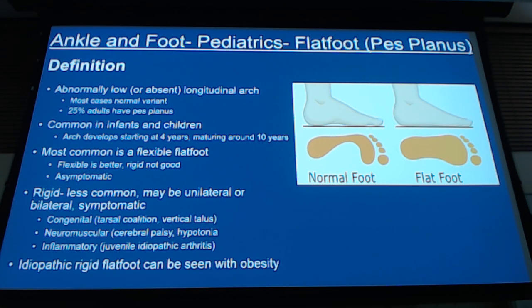Pes planus could be unilateral or equally bilateral. When it's unilateral, sometimes it causes the patients a little more discomfort because it's more pronounced and it tends to bug them more that they have symptoms in one foot versus both. In the case of a rigid flat foot, which is a little less common than a flexible flat foot, then you have to start looking at what are the underlying causes.